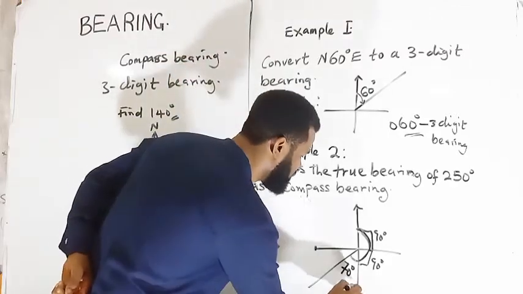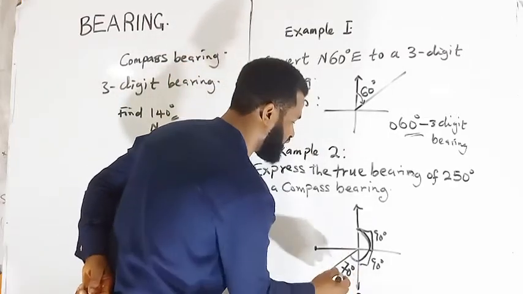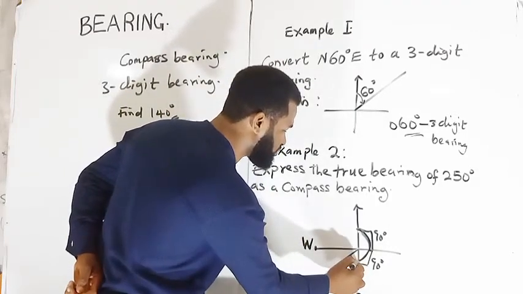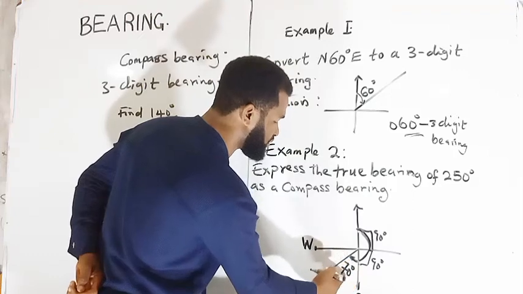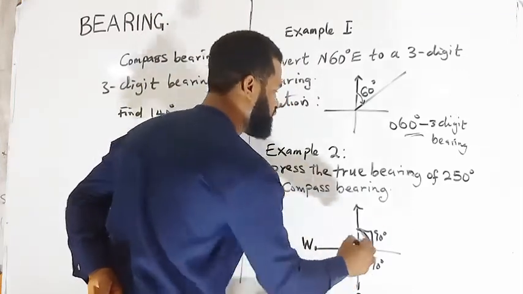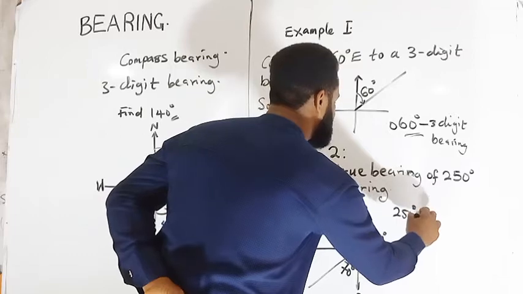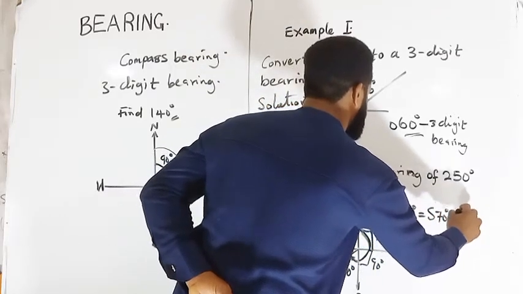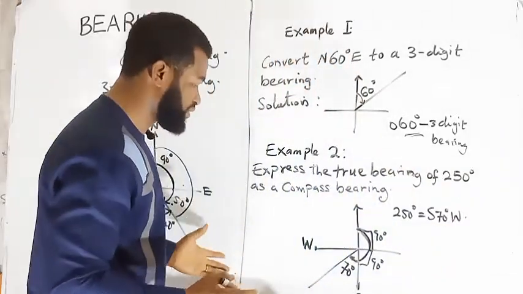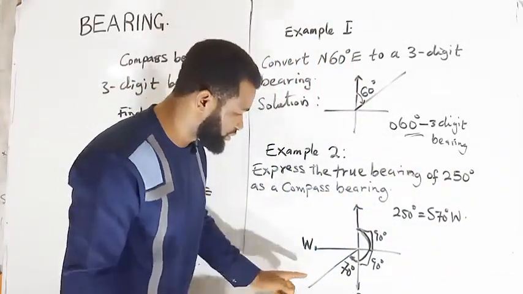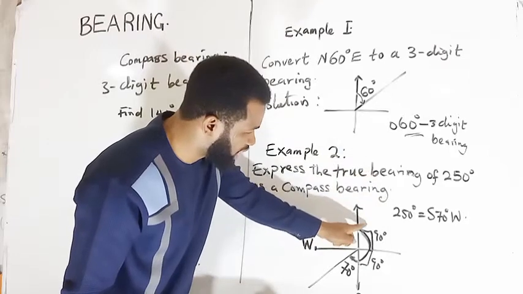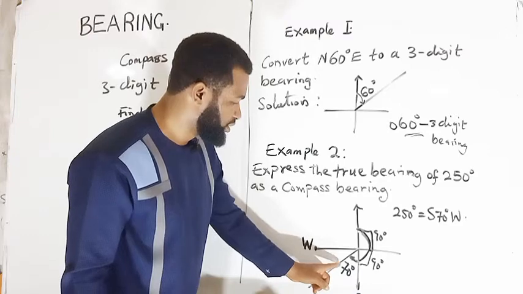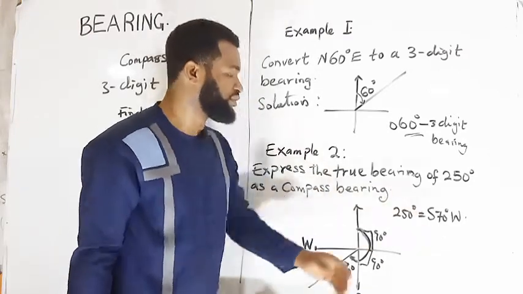Now this is the south, of course, and in this direction this is west. So 250 degrees is going to be south 70 degrees west. I don't know if you understand what I mean, but you can still ask a question.